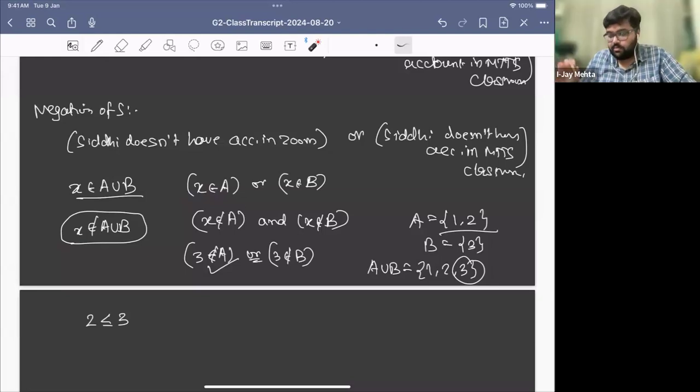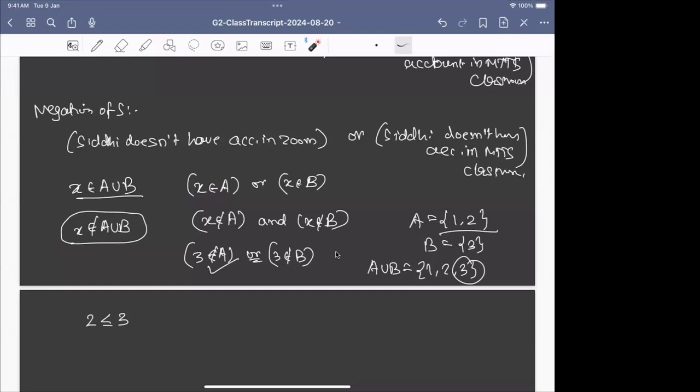Okay, think about it. Okay, somebody else. Rishikesh, you have a question? Sir, my question was that if A and B have some elements in common, and X is that common element, then it can also happen that X is present in A and B at the same time.